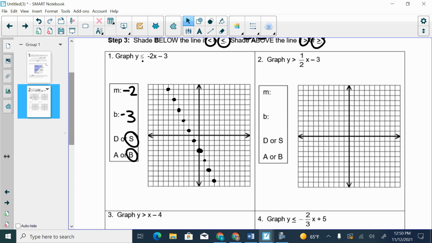Okay, and we circled S, so we're going to connect all of those points with a solid line, like we normally would. And we said that we're going to shade everything that is below that line. So since our line slants this way, below would be everything over here.